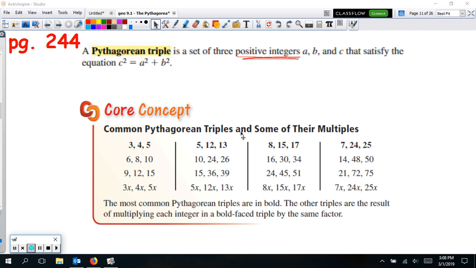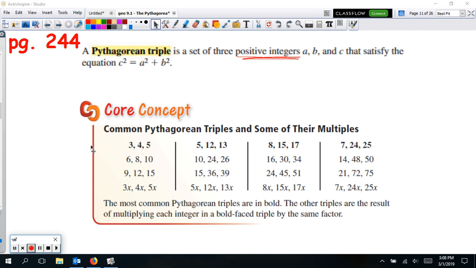Here are some common Pythagorean triples. Basically, if you have three whole numbers that make the Pythagorean theorem work, then that's called a Pythagorean triple. Sometimes we get numbers that are not whole numbers, and that would not be a Pythagorean triple.